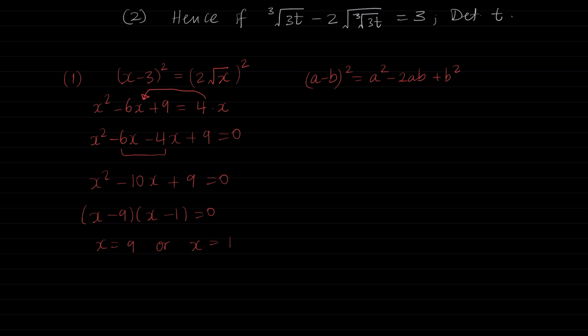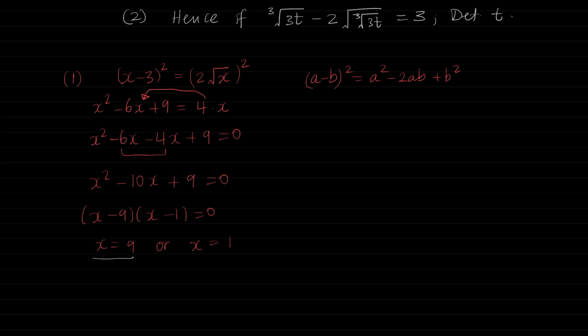Now because we've squared both sides, we sometimes can get something called extraneous solutions, meaning solutions that would appear valid but they're actually not valid. So we need to test both of these values. So we'll test 9.